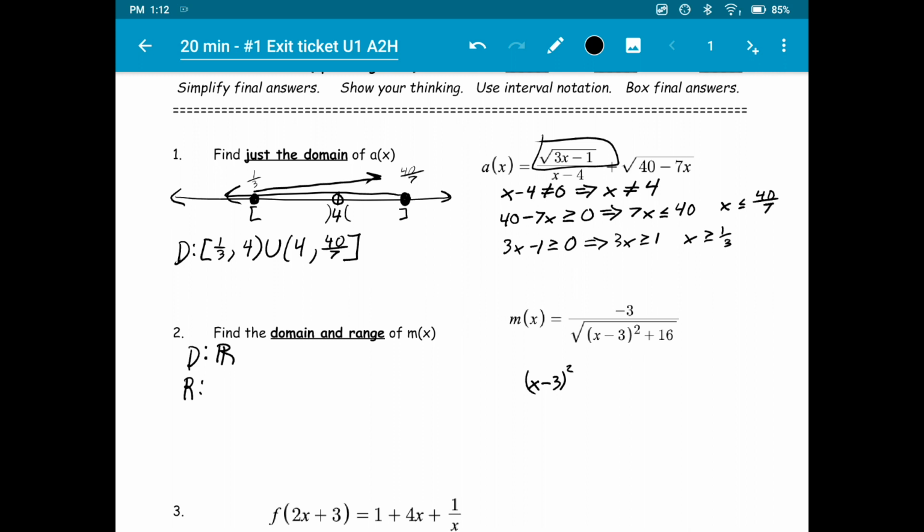So from 0 to infinity is my range of x minus 3 squared. If I add 16 to it, my range is now going from 16 to infinity. Taking the square root of that gives me a range of 4 to infinity.